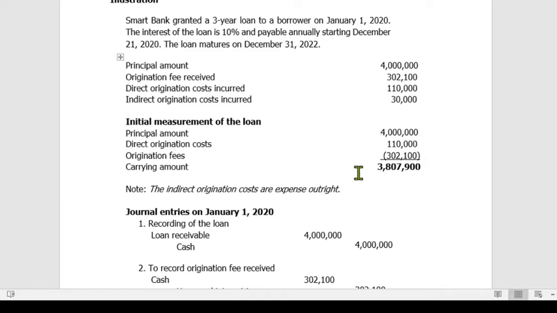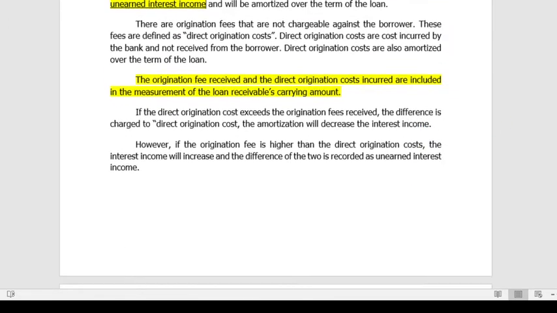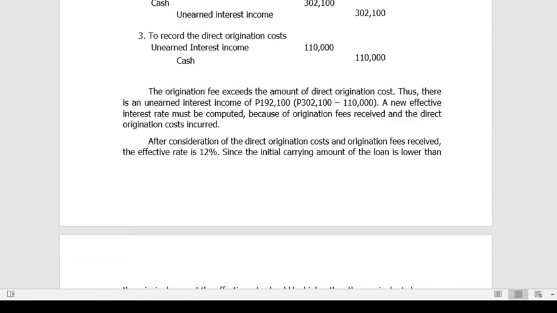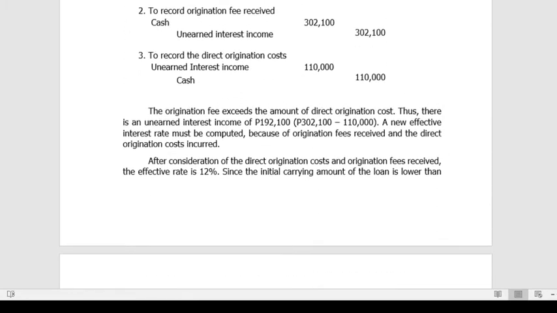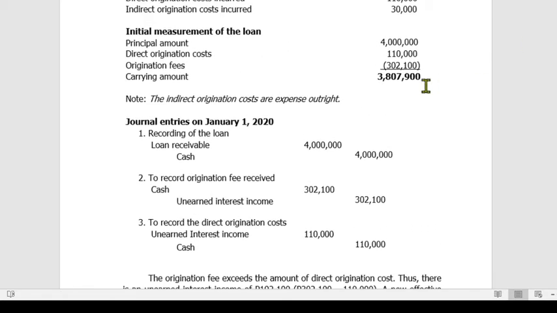The carrying amount of the loan at initial recognition is 3,807,900. So kung titingnan mo, the principal amount, ang inutang talaga sa iyo is 4 million. Pero in effect, ang lumabas lang talagang pera sa iyo ay 3,807,900 kasi may part doon na binayaran ni borrower.